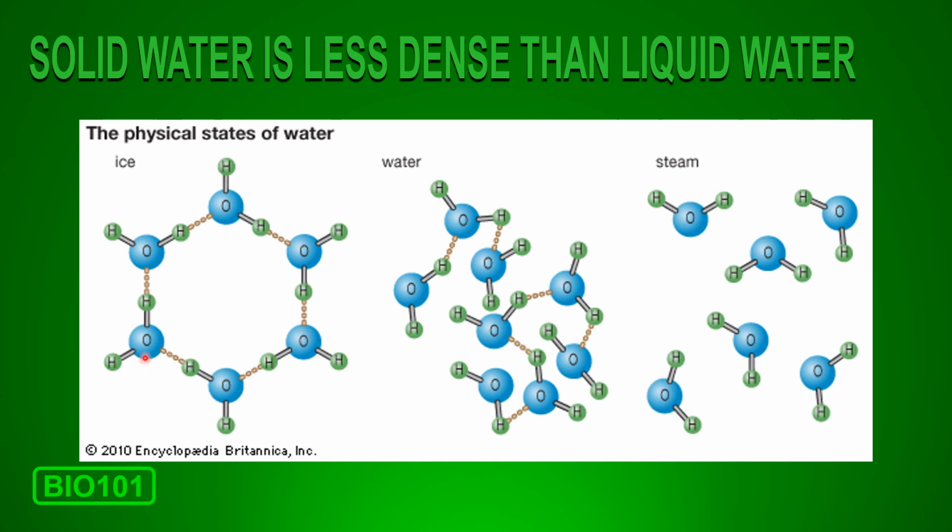These are like little walls built up. You can't make this thing bigger. You can add additional water molecules out here as the water continues to freeze, but in this single structure, you cannot get more water into it. So it is as dense as it's going to be. However, in the same amount of space, you can pile in more water molecules, therefore making liquid water more dense than solid water. And that's why ice floats.